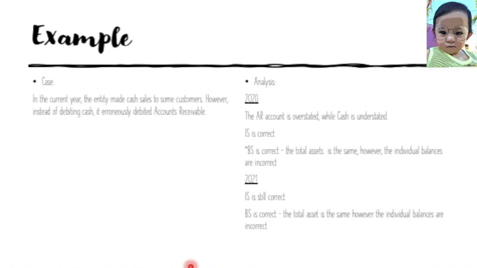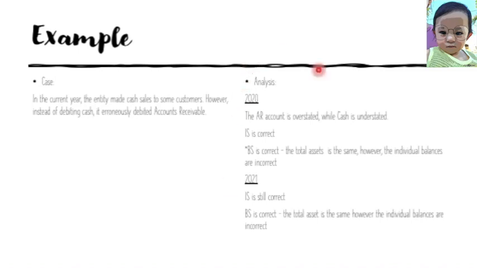The balance sheet is also correct in total, meaning the total assets is the same. However, the individual balances, specifically the balance of cash and the balance of AR, are incorrect. For 2021, the income statement is still correct, assuming there are no other mistakes committed next year. And the balance sheet total is correct, however, the individual balances are still incorrect.